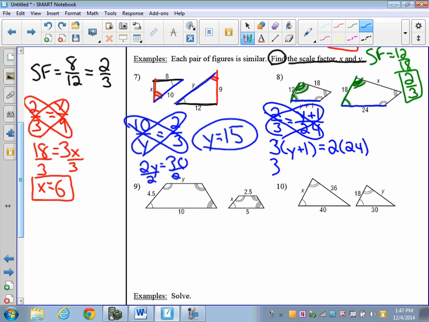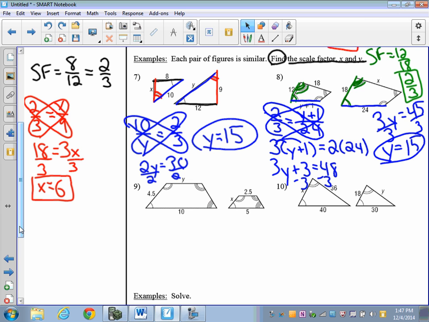That's going to be, when I distribute, 3y plus 3 is equal to 48. And I need to subtract 3. Continue it over here, 3y is equal to 45. And dividing by 3, I get y is 15.